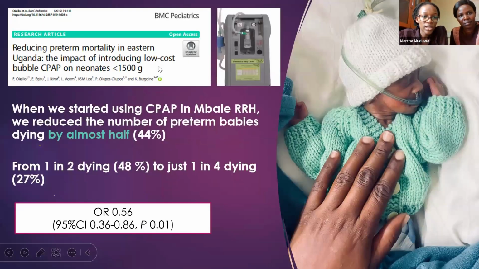Locally we had some research that was done in our neonatal unit, and this compared two periods: a period before introduction of the low-cost CPAP, the Diamedica that I mentioned, and the period after the introduction of the CPAP.